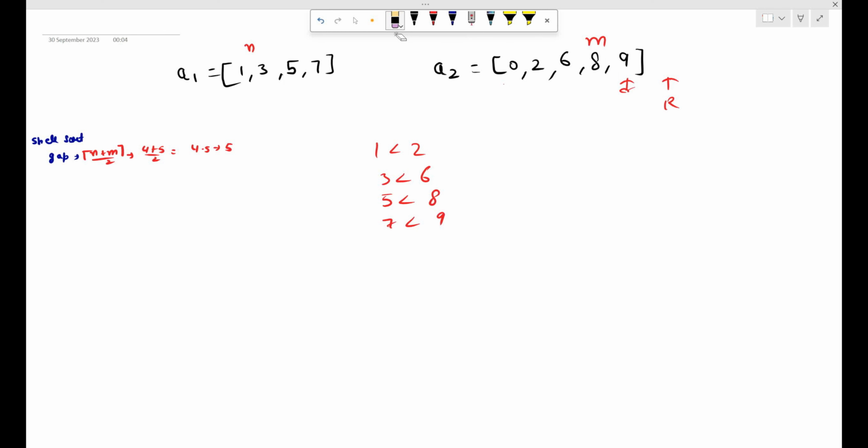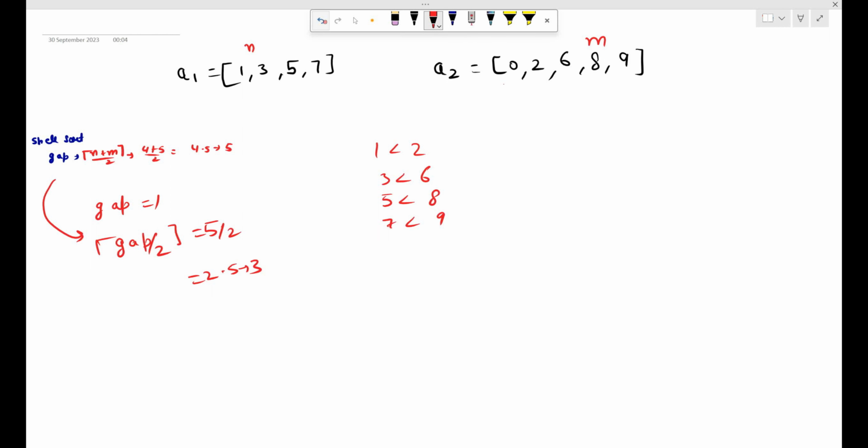Now this algorithm says we have to do this whole process again and again until we reach a gap of 1. For the next iteration, we need to divide our gap again by 2 and take the ceiling. So 5 is our previous gap, 5 by 2 is 2.5, that means 3.